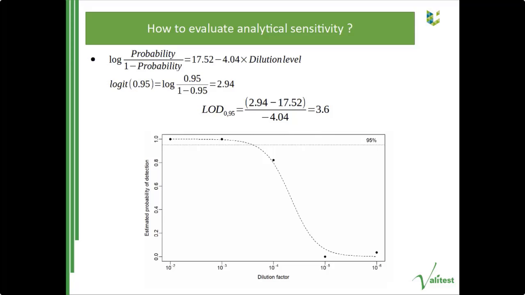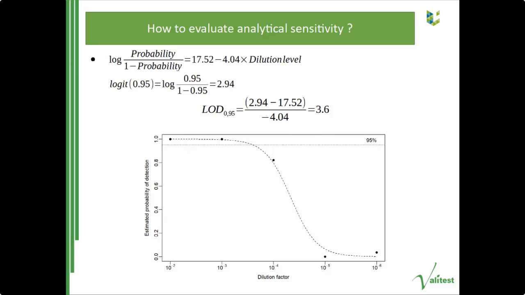The limit of detection associated to a probability of 95% of detection is then equal to 2.94 minus 17.52 divided by minus 4.04, and it's equal to 3.6. As the dilution level has been represented on a log scale, the dilution level is then 10 exponent minus 3.6.